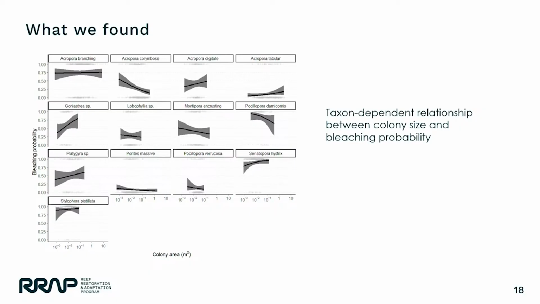This was in contrast to what Paul Marshall and Andrew Baird found in the Palm Islands in the 1999 bleaching event, where it was in the category of the most severely bleached taxa. So I'm not sure what's going on here, but observer bias is not likely to affect the ranking at least, because it was just one person.